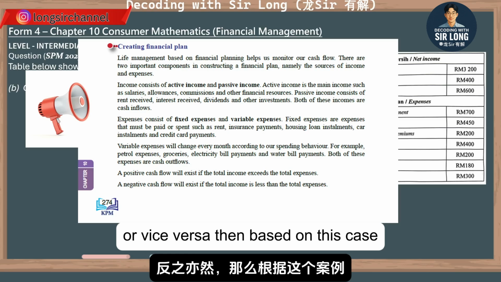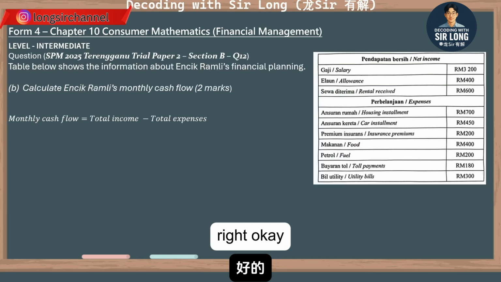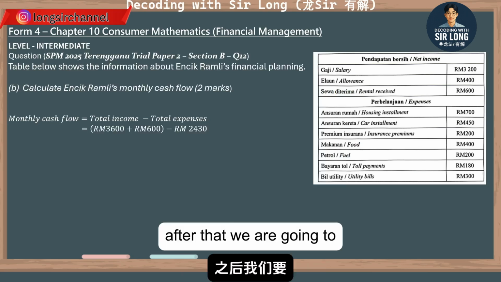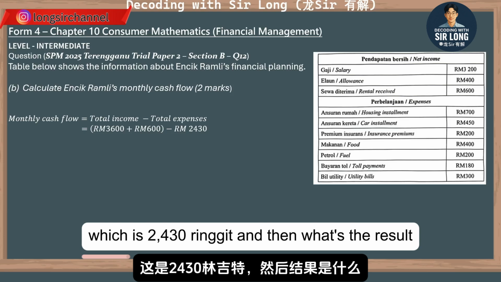Or vice versa. Then, based on this case, we know the income, which is 3,200 plus 400 plus 600, right? Okay, and then we get the sum first. After that, we are going to take the difference with the total expenses, which is 2,430 ringgit.